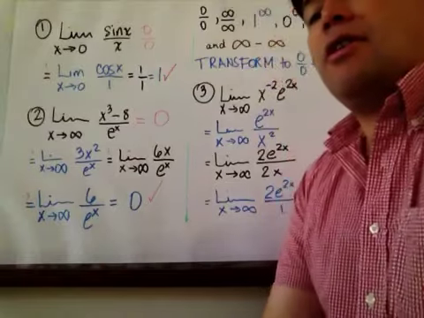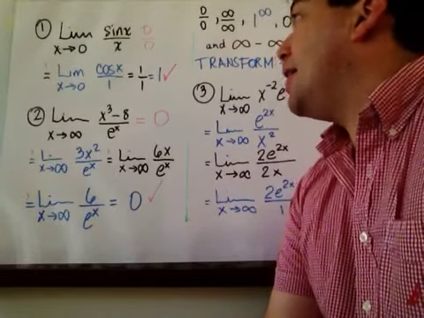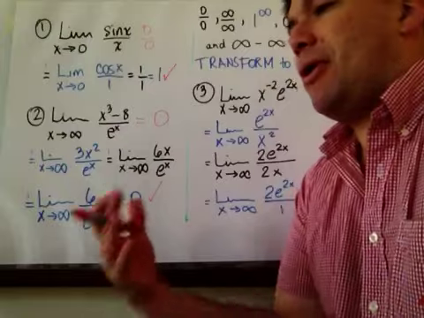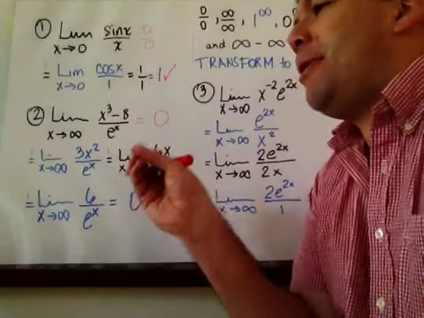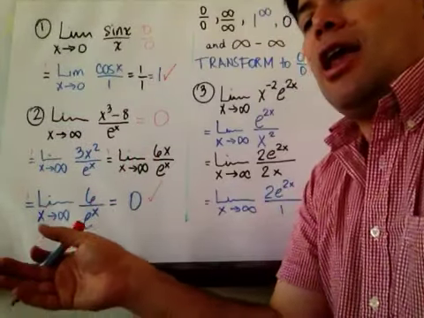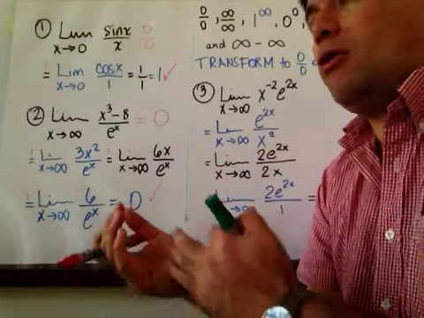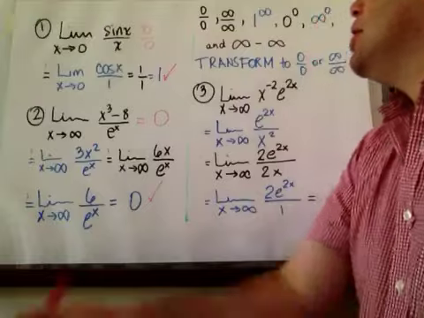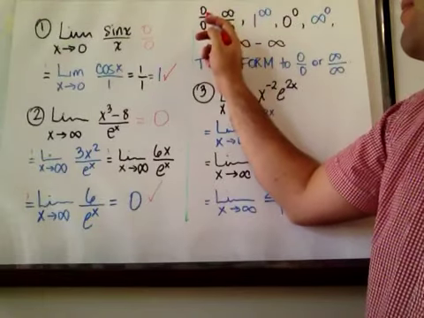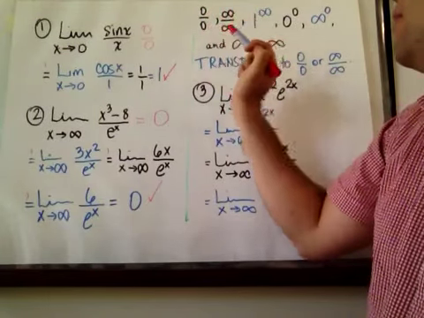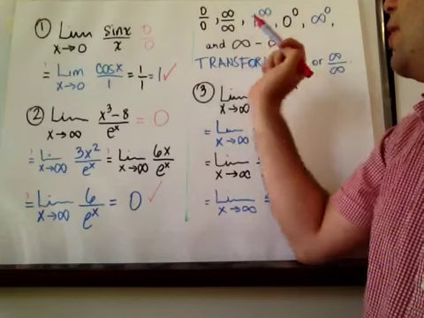We have other indeterminate forms. Remember, those are the ones that you cannot determine just by looking if the limit will be a number or infinity or undefined. So these are the two that we know, but this one, 1 to the infinity, is also an indeterminate form.